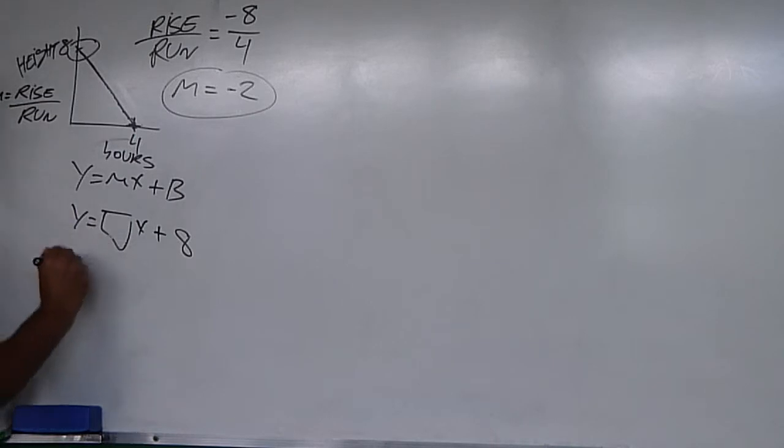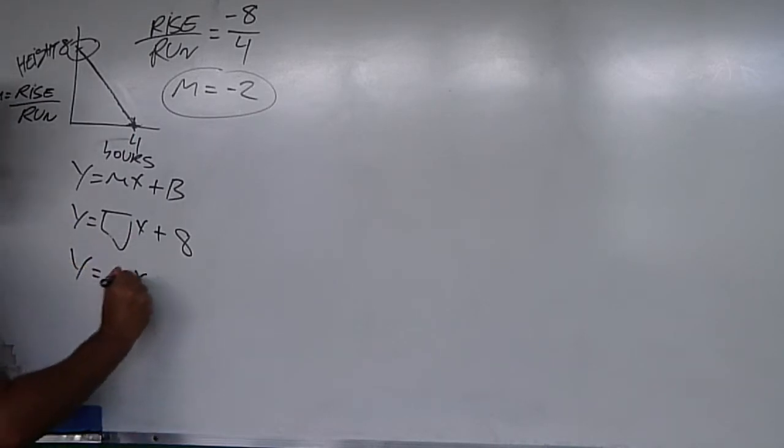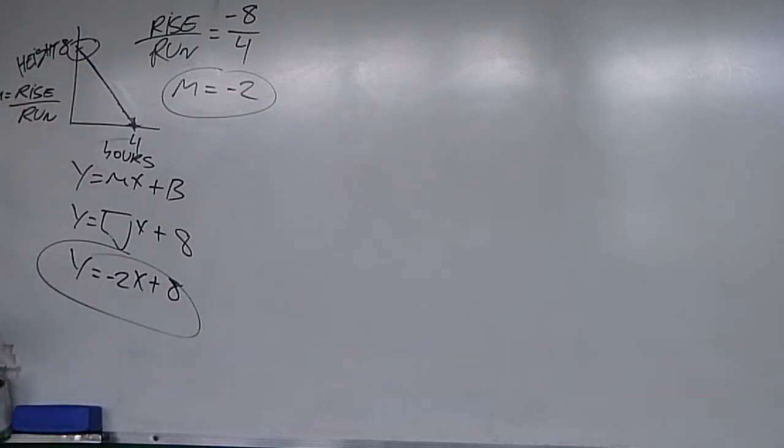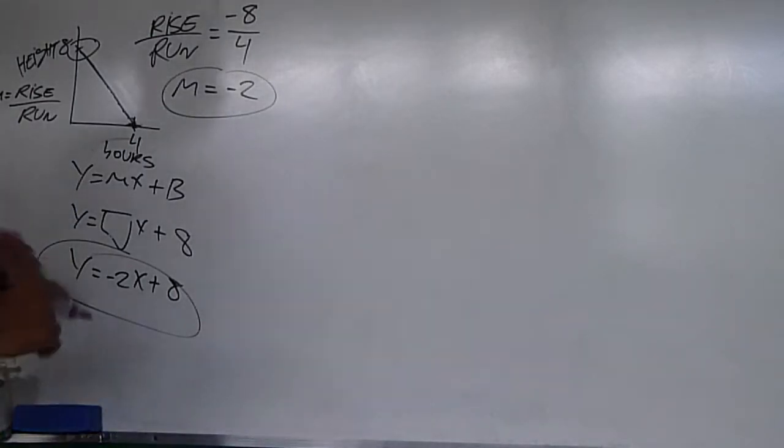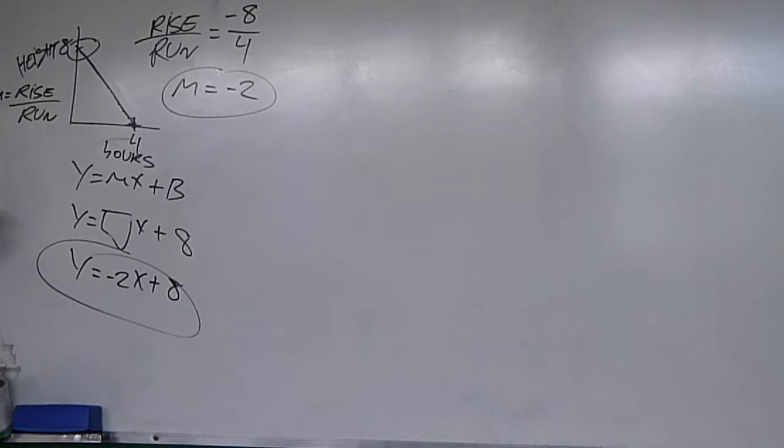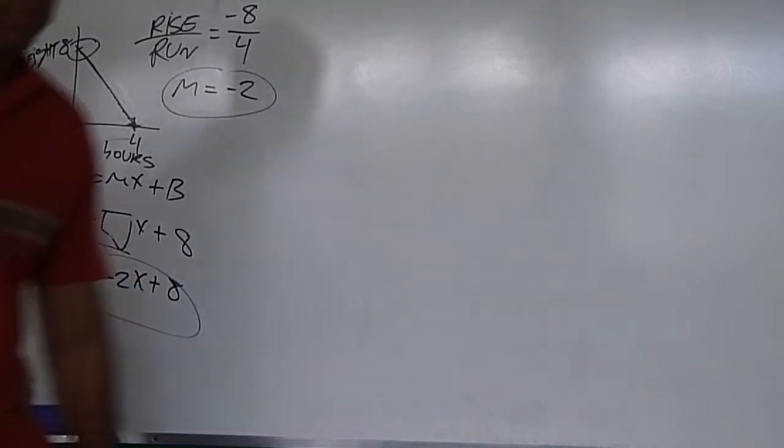So this means y equals minus 2x plus 8. So this is the answer to letter B. This is how we make the equation. Oh, that's pretty good. So letter B is y equals minus 2x plus 8.